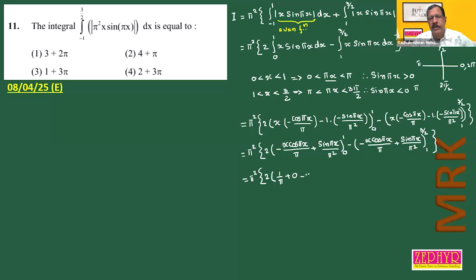So -0. Minus. Now, when we are putting x is equal to 3/2, the first term is 0. Second term is sin 3 pi by 2, that's -1. So you are getting -1 by pi square.